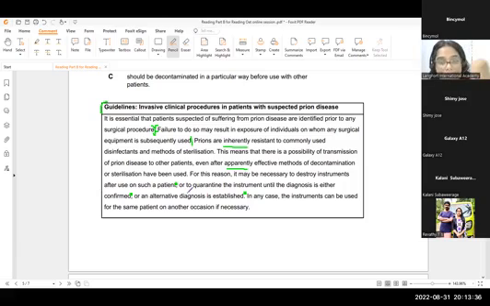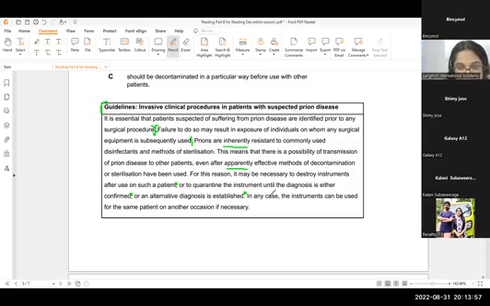Until that confirmation comes, you can keep it in quarantine.